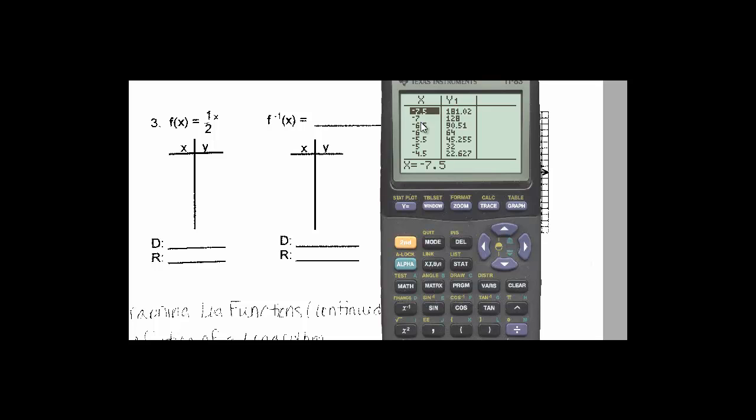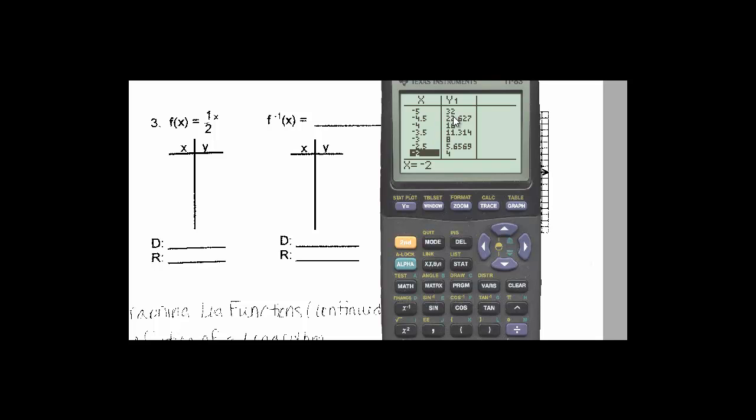As the x values get smaller, the y values get bigger, and we knew that by looking at these graphs. -1, -2 is bigger, -3, the x value is way up here.